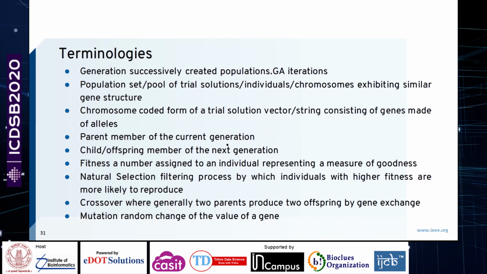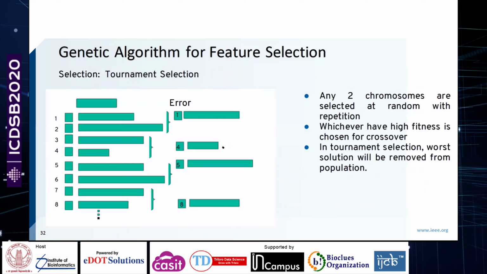So we start with a set of solutions, evaluate the fitness, and then we use the selection methodology. There are multiple selection methodologies. Tournament selection says you take any two solutions randomly, whichever is giving less error is selected. These two solutions are removed, and then from the rest of the solutions again take any two solutions, and select the better solution which has better accuracy or fitness.